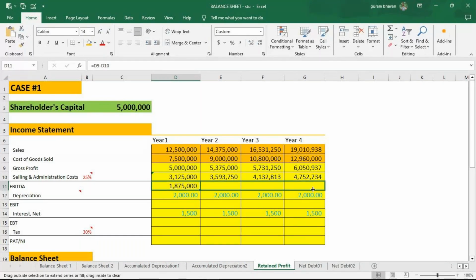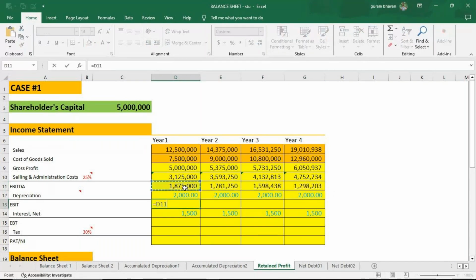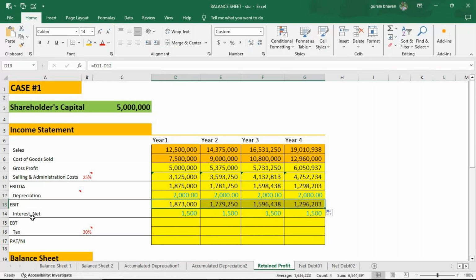They have already given the depreciation value. So it will be equals EBITDA, that is earnings before interest, tax, depreciation and amortization, minus depreciation. I'm going to come and drag it. Then interest, they are telling 1500 is the interest. Once I calculate EBITDA minus depreciation, I am going to get the value for EBIT, that is earnings before interest and tax. So net interest is 1500.